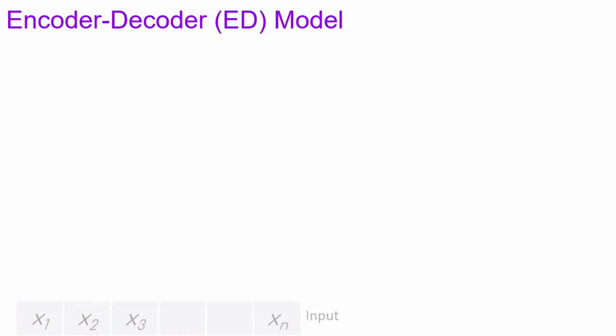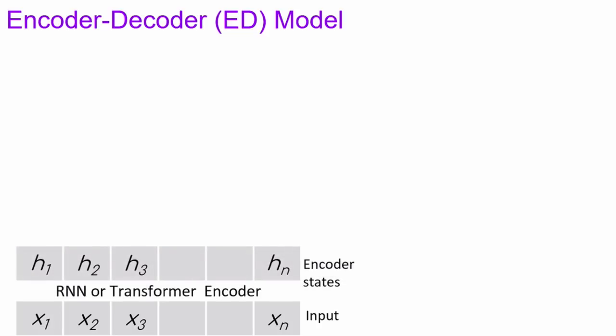Okay? So the first thing that is done is to take the discrete input sequence and create a soft vector representation of this input using either an RNN like an LSTM, or nowadays the fashion is to have self-attention based transformer blocks which can process the input in parallel.